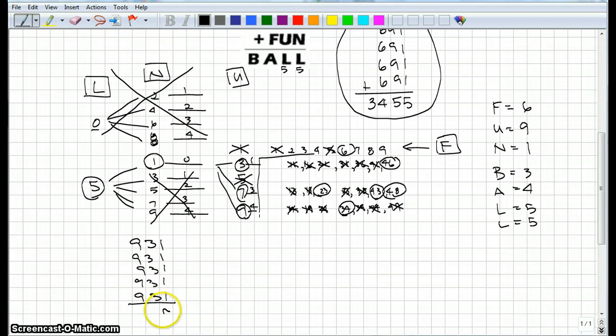And that's going to give us 5, 5. We carry a 1, it's 45, and that gives us 46. 4655. Alright? That satisfies the equation. If we don't worry about what A is. If A can be any number as long as it's distinct, then this also satisfies the equation.